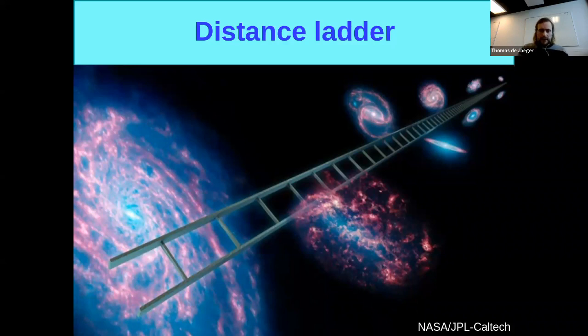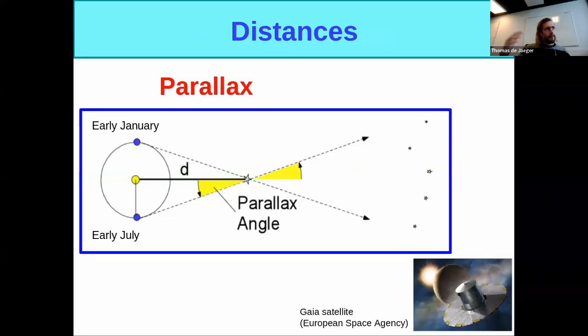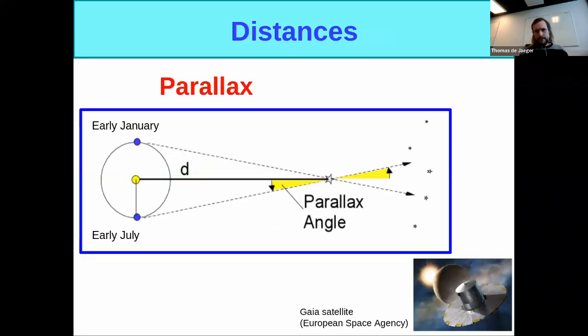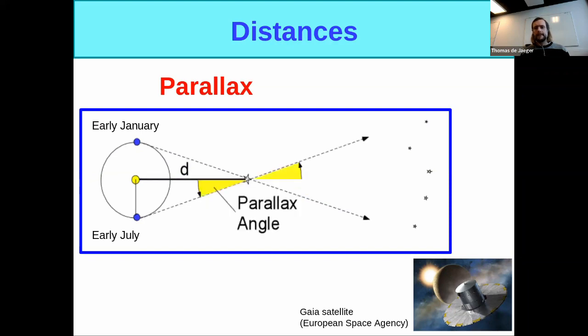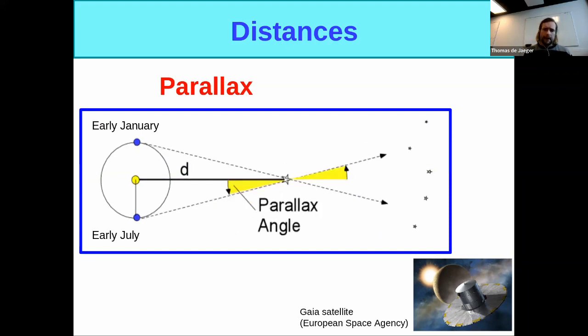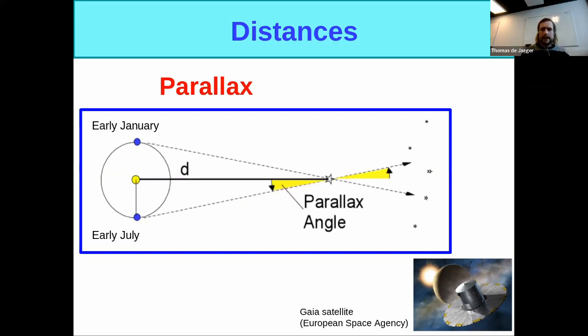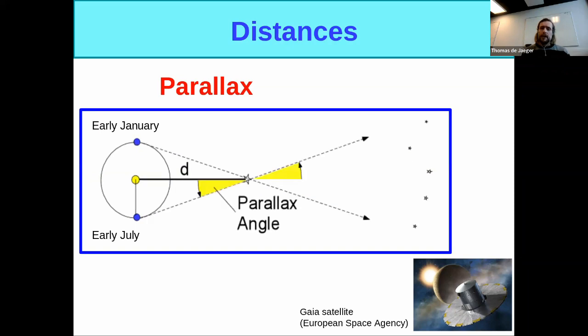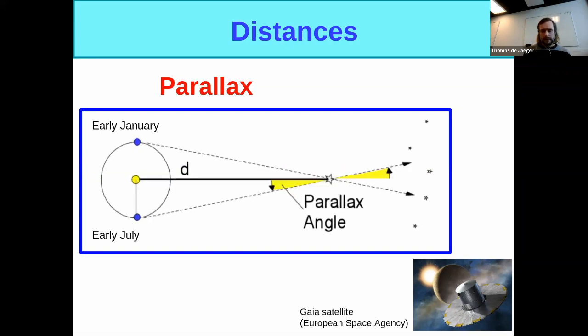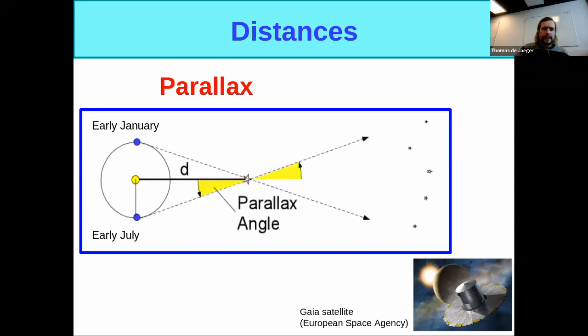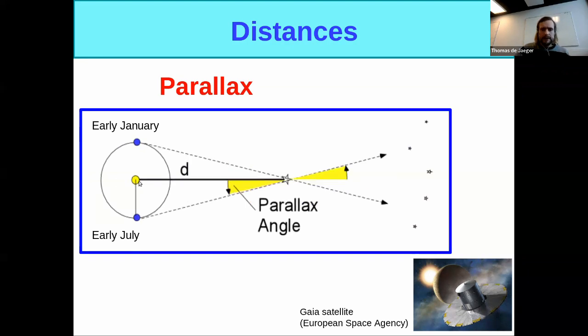As I said, first you need a method to measure nearby distances. And one of the best methods is using parallax. The parallax is based on the apparent motion of a star during the year. Here, the yellow dot is the Sun.